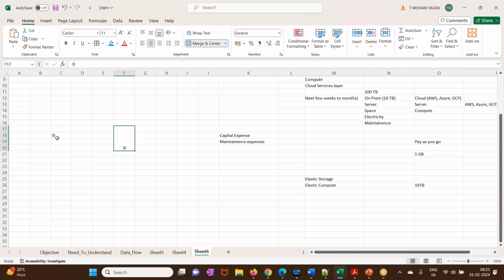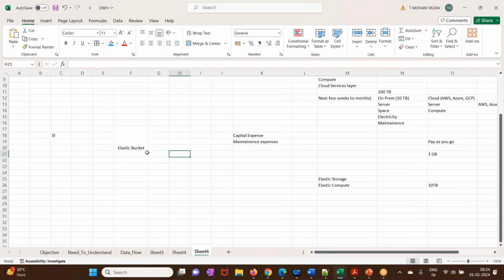It is not possible to fill 5 liters of water into a 3 liter bucket. It becomes possible if the bucket is elastic. No matter how much water you pour, the size of the bucket is going to increase.